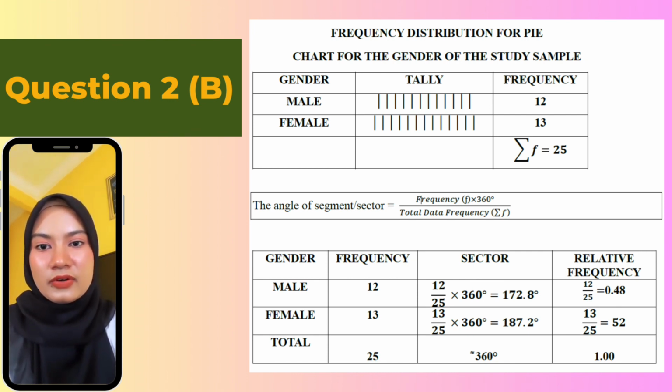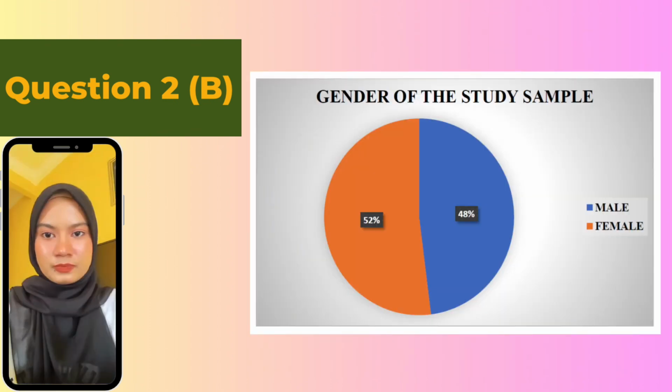To get relative frequency for male, 12 divided by 25. So, the answer will be 0.48. And for female, 13 divided by 25. Then the answer will be 0.52. So, this is the pie chart of gender of the study sample. The male should be 48% and the female is 52%.